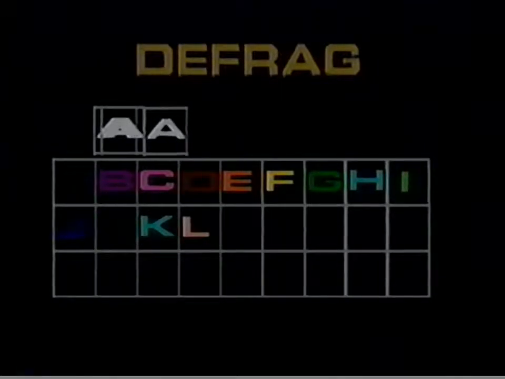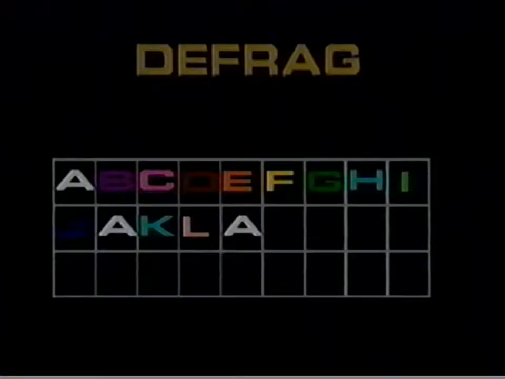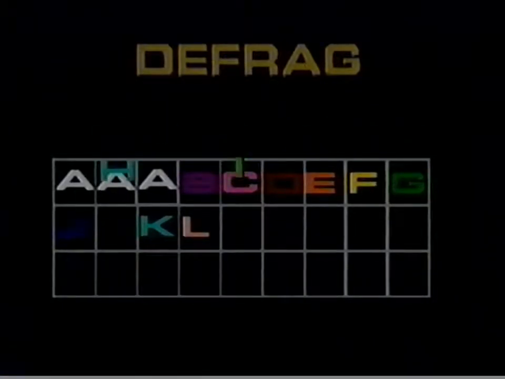Over time, the block or file becomes fragmented into many segments located in different locations on your disk. This fragmentation causes the computer to slow down as it reads and writes information to the disk. Defrag puts all the fragments back together and places them in adjacent locations on your disk.